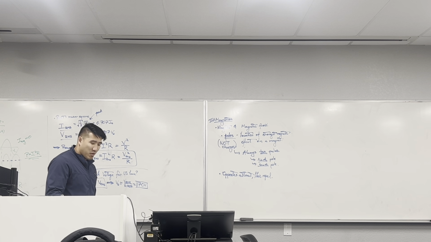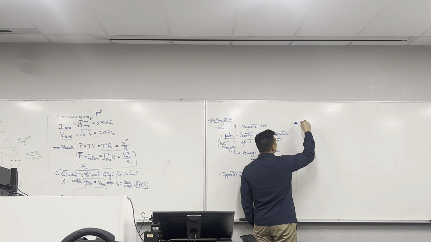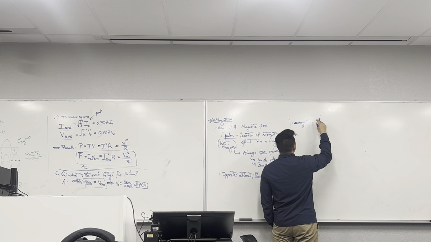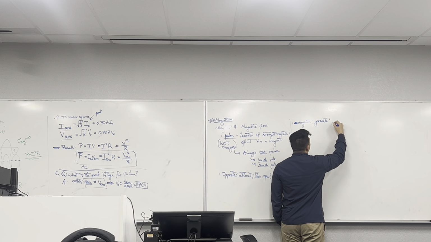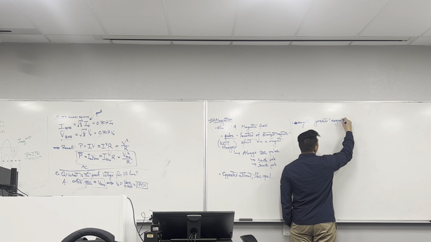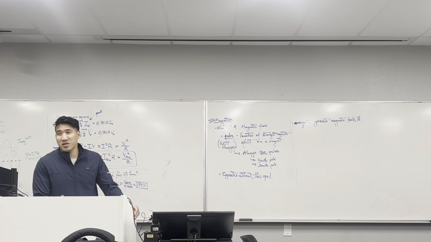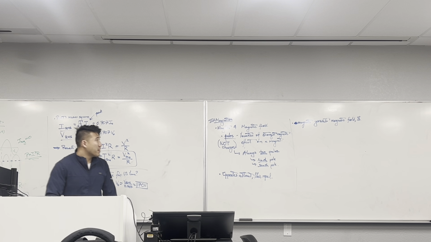Another similarity is magnets generate magnetic field B. The magnetic field, we give the notation capital B. And so, like charges which generate an electric field, magnets generate a magnetic field.